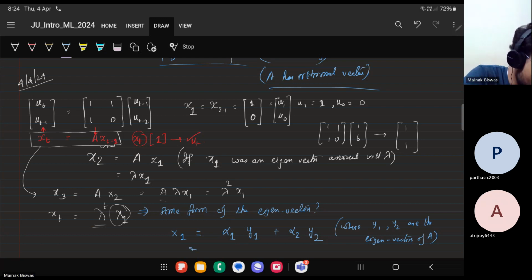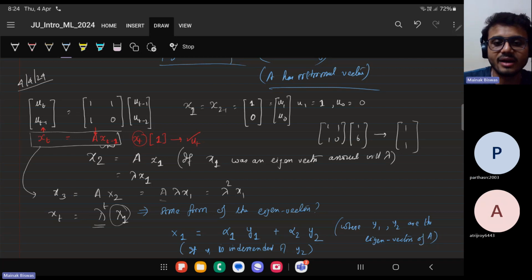If y1 is independent of y2, they span the entire R2. So if I have two eigenvectors, I can always write any vector as a linear combination of the eigenvectors. Is it clear? Any questions?